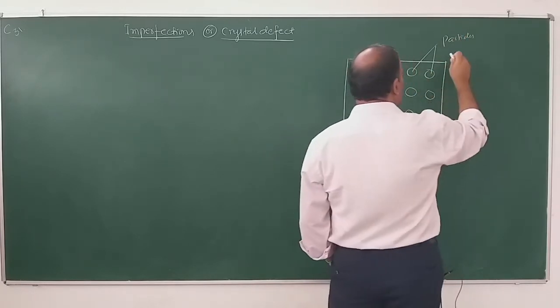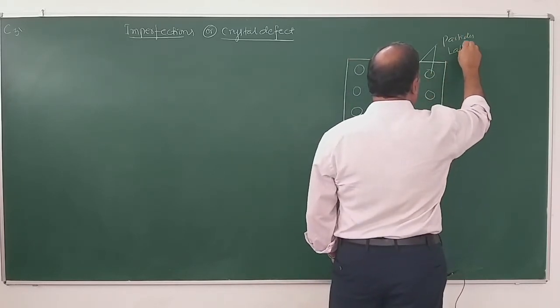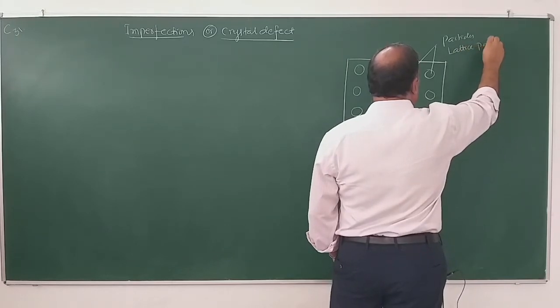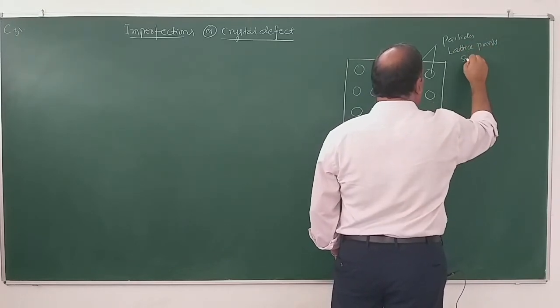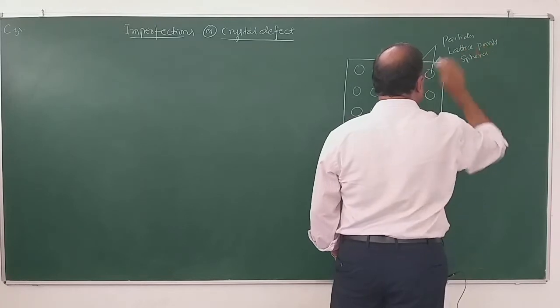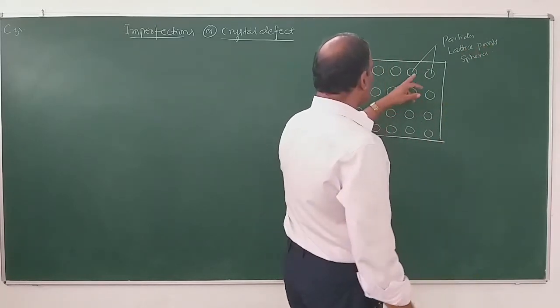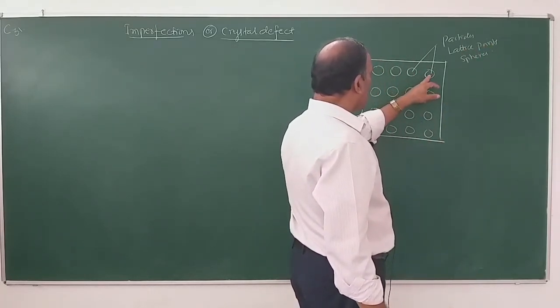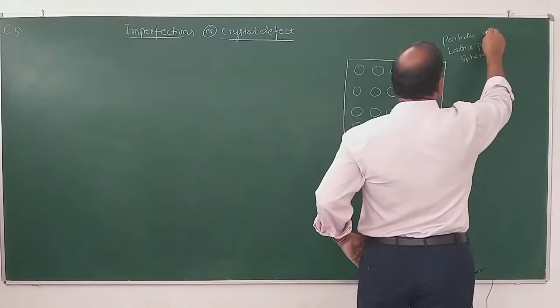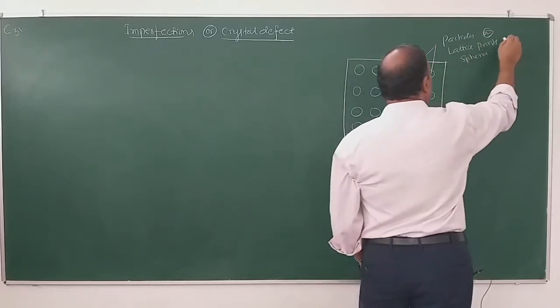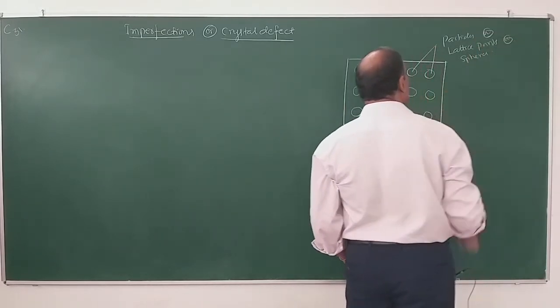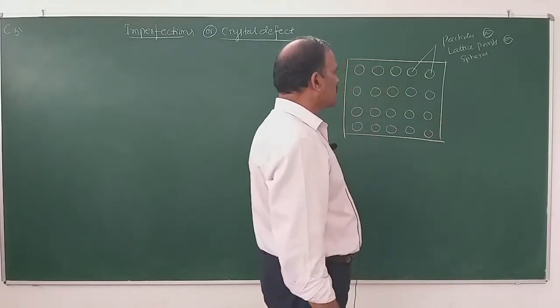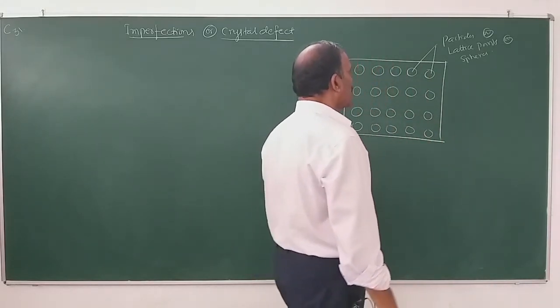These particles are also called as what? Lattice points. They are also called as spheres. So these are particles or lattice points or spheres, since particles are considered as spheres.